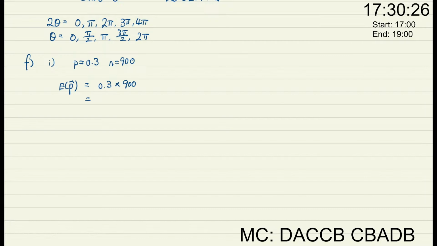0.3 times 900 equals 270. And the variance of p hat, the formula is, I wrote n, p, 1 minus p over n.